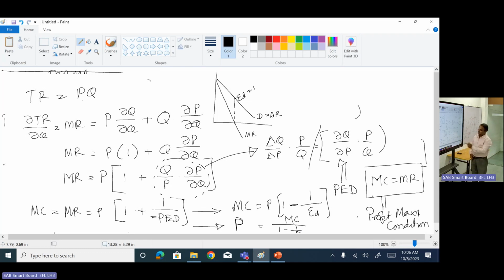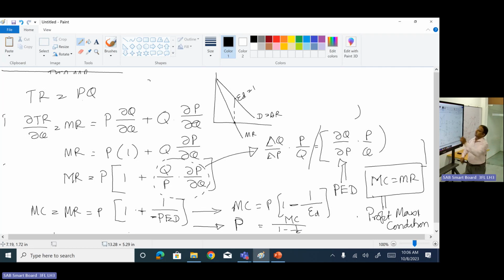MR is 0. This is the point where MR is 0 and the price elasticity equals 1.